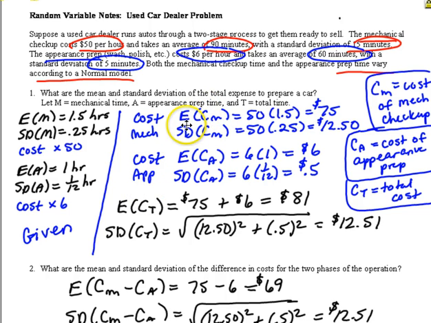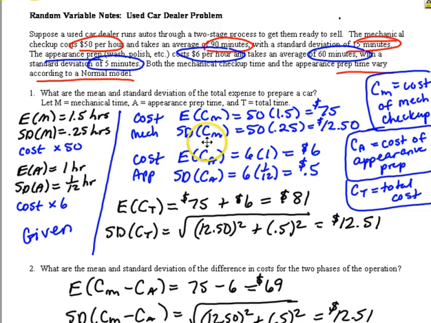So what I did was say that the expected value of the cost of the mechanical prep time, so I put C sub M as the cost of mechanical checkup, is 50 times 1.5, which is 75.